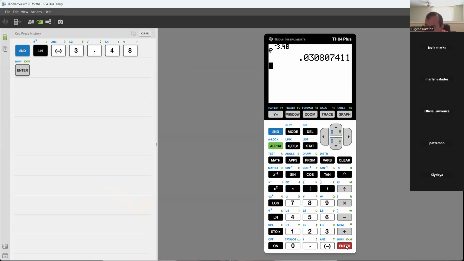So that'll be 0.030. So the 8's in the fourth spot. It's got a 0 after it, so we'll leave that at 8. So remember, if the number after your digit is 5 or higher, I'm going to round up. If it's 4 or less, I'll leave it the same.